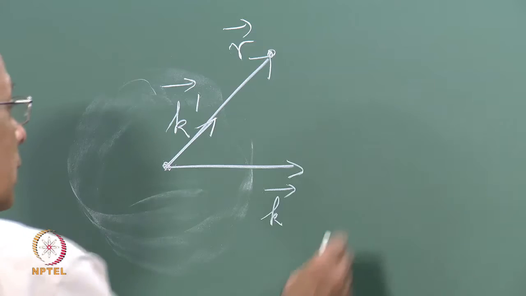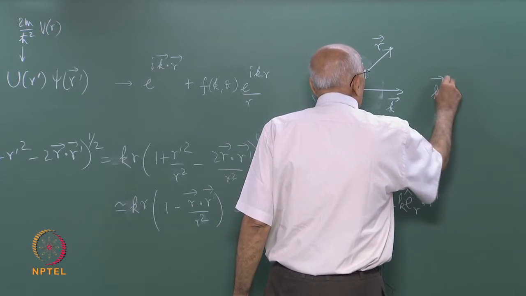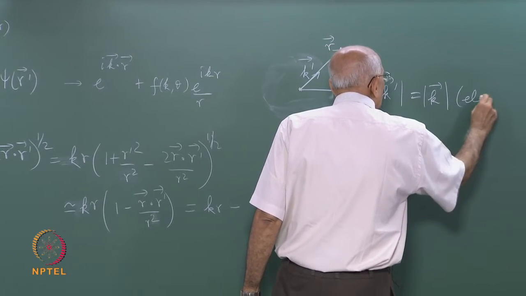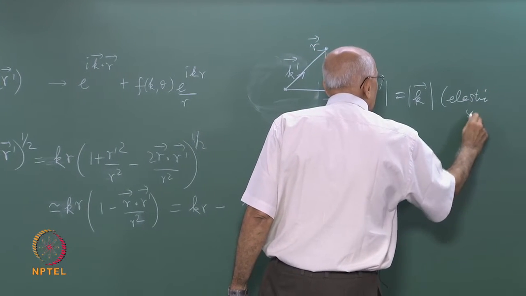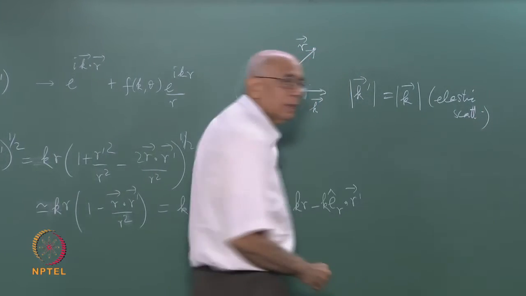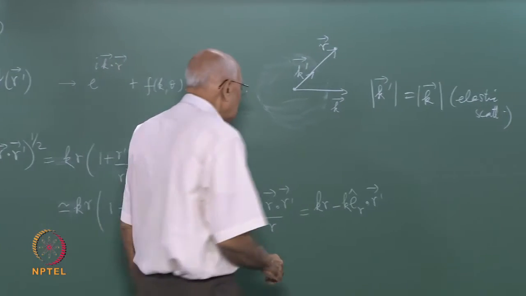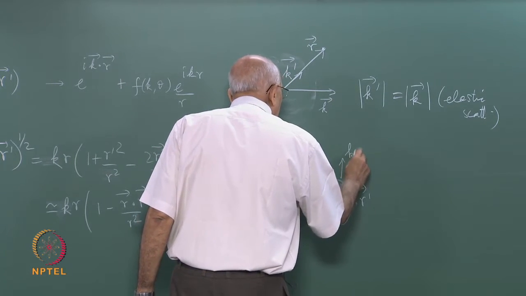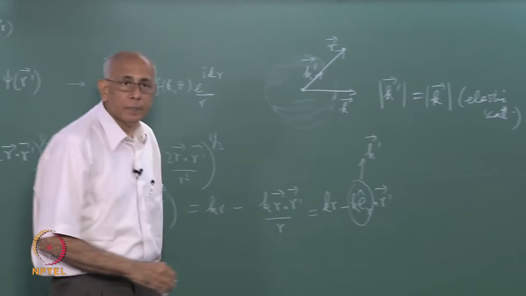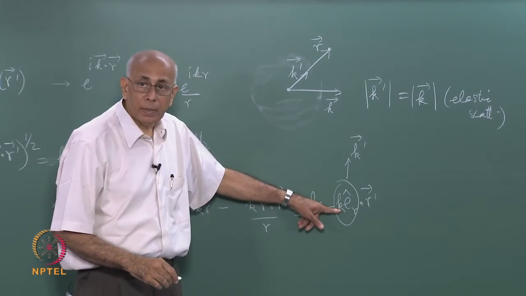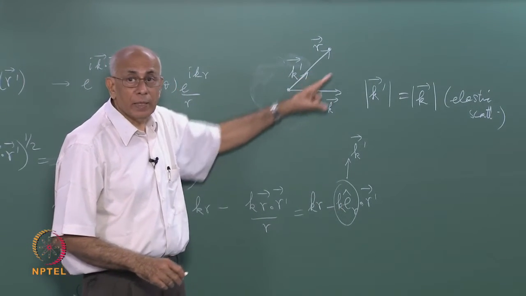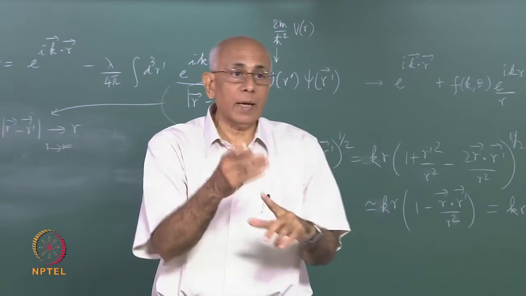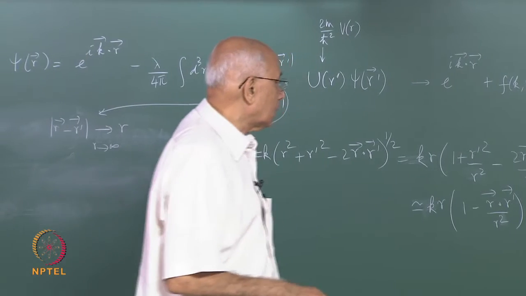Clearly, since the magnitude of k prime is equal to the magnitude of k, because it is elastic scattering, this implies that k times the unit vector r is in fact k prime, because it is the magnitude sitting here and the radial direction, that is the direction of the scattered wave vector.